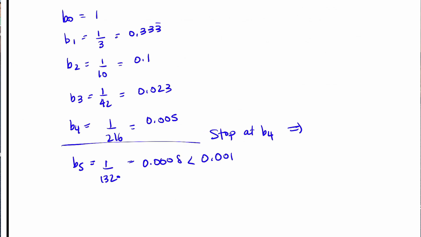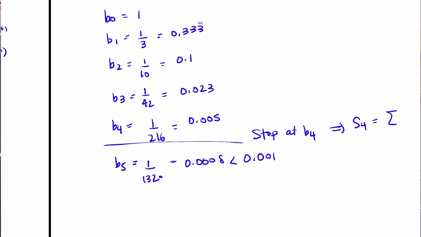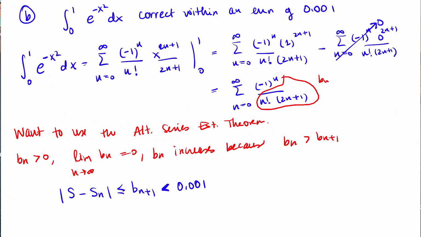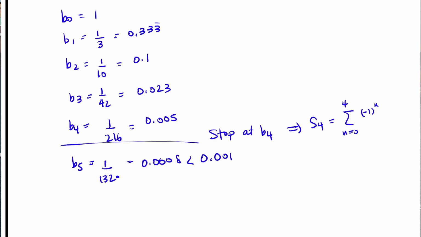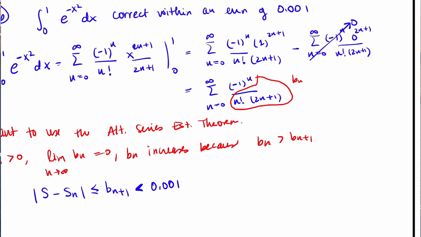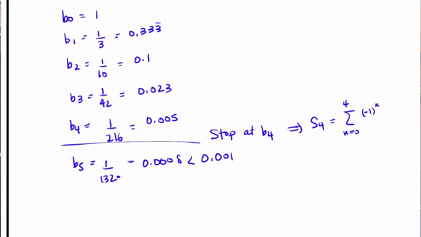Therefore, S4 is equal to the sum from n equals 0 to 4 of negative 1 to the n over n factorial times 2n plus 1.